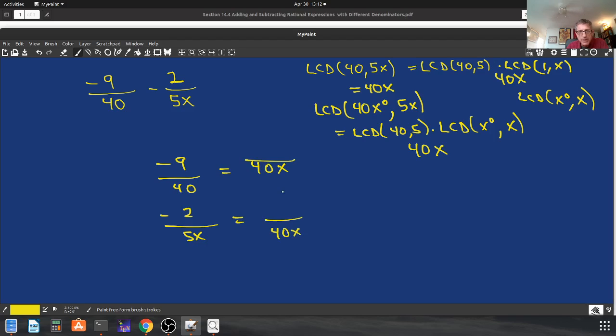I'll write it over my LCD. 40x divided by 5x is 8, and 8 times minus 2 is minus 16. 40x divided by 40 is x, and x times minus 9 is minus 9x. So now all I do is I write the LCD on the denominator and minus 9x minus 16, the sum of those two, on the numerator, and we're good to go.